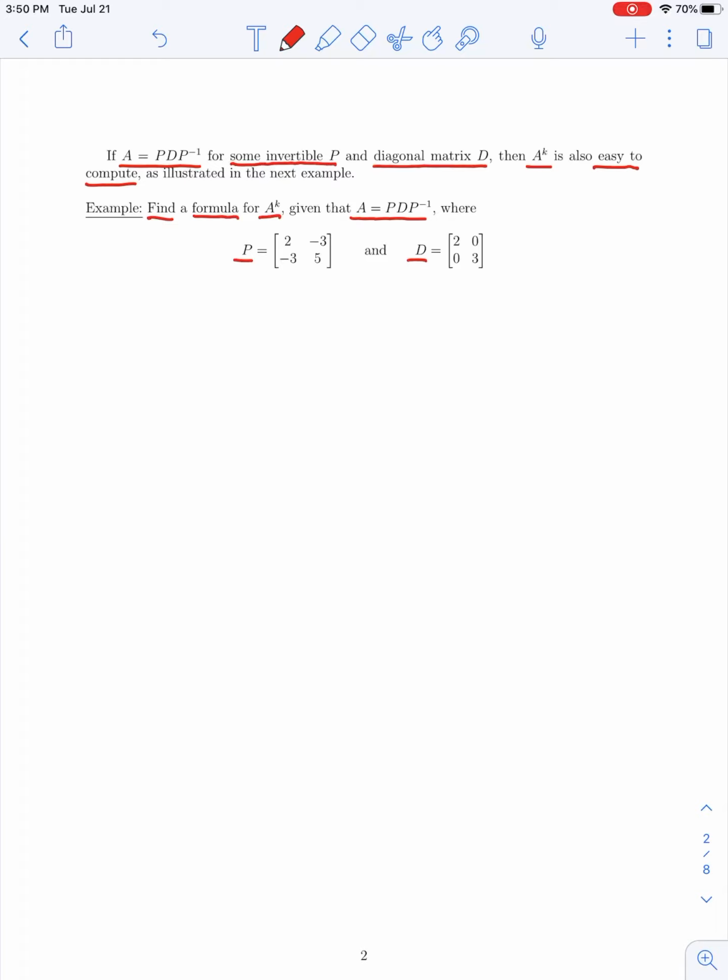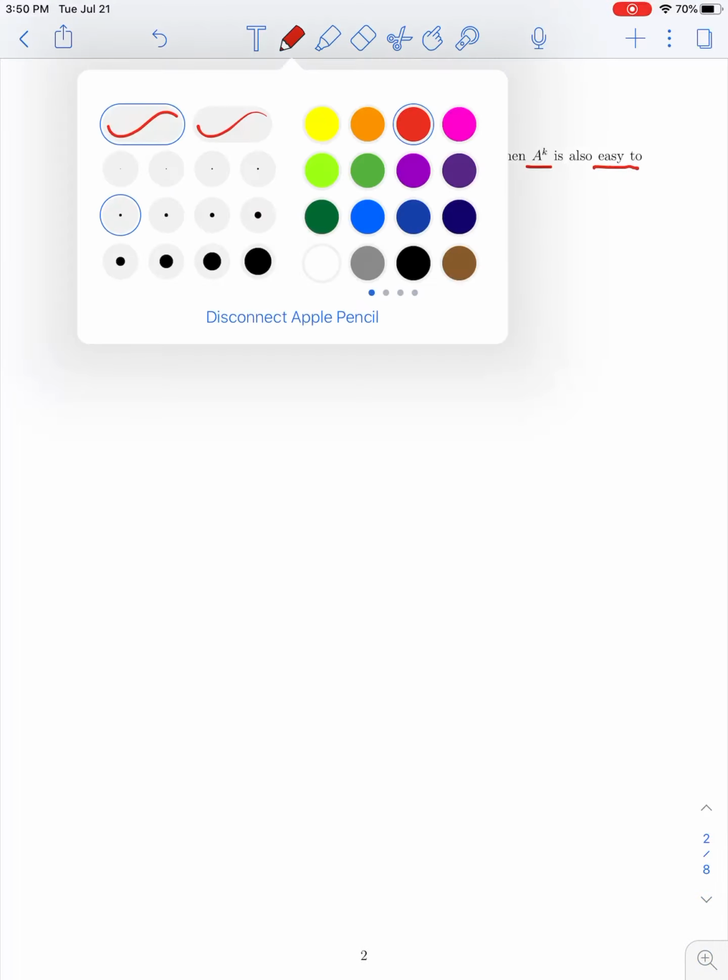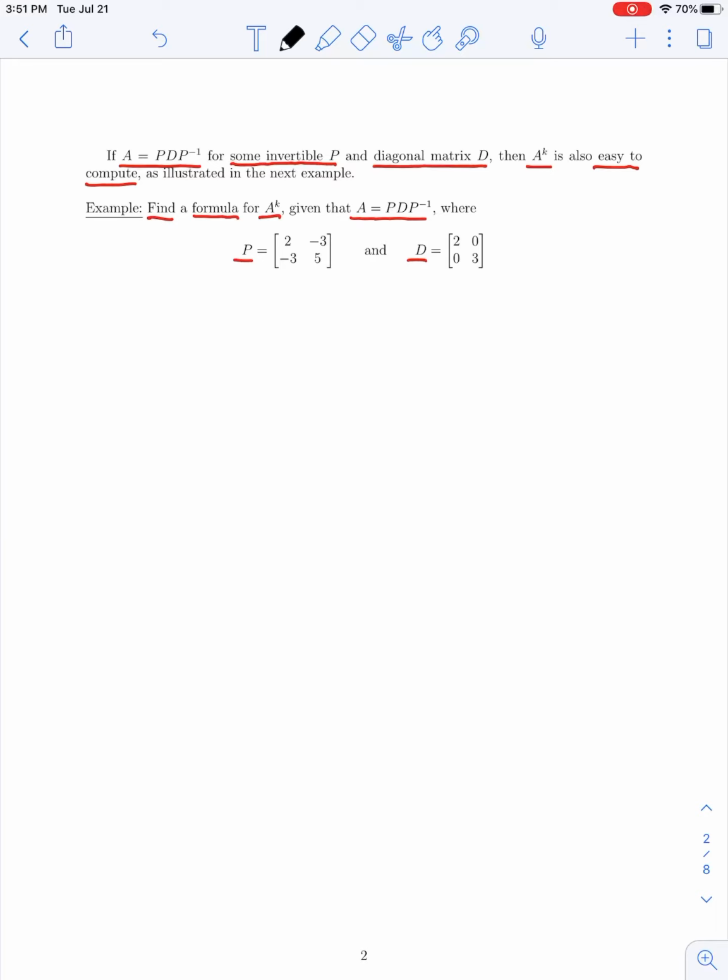So my first step in this problem might be to find P inverse. I have P and D, but I need to know what P inverse is. So here, P inverse, using the formula for the inverse of a 2x2 matrix, is given by 1 over the determinant of P, which is 10 minus 9, or 1.